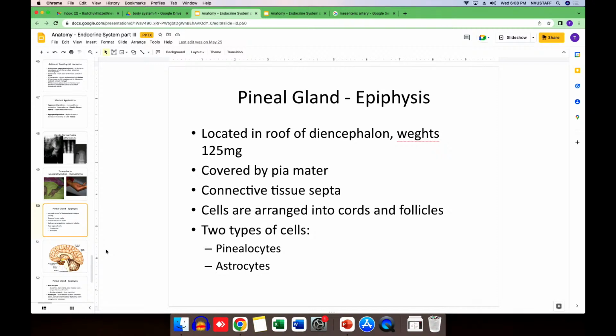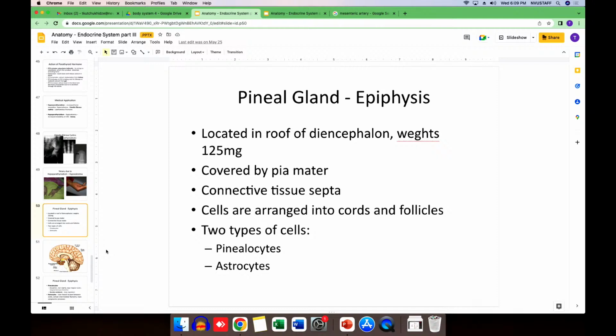Okay, so it weighs around 125 milligrams. It is covered with the pia mater, in contrast with the hypophysis, which is covered with the dura mater, right? The pituitary gland is covered with the dura mater, and the pineal gland is covered with the pia mater.